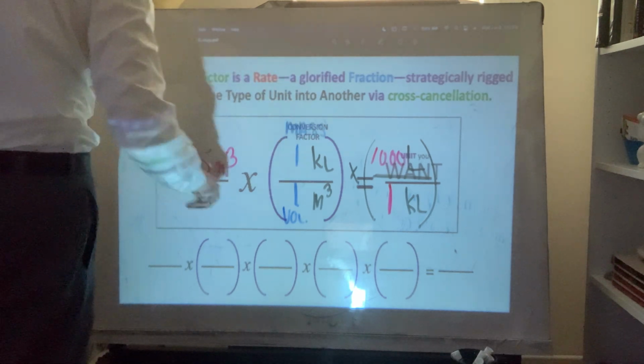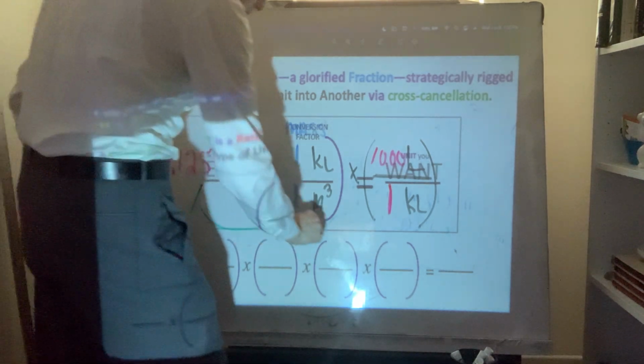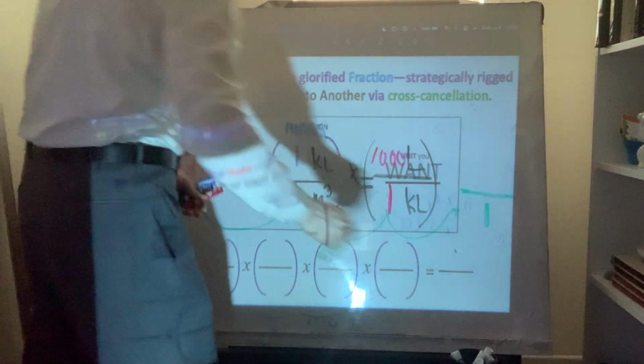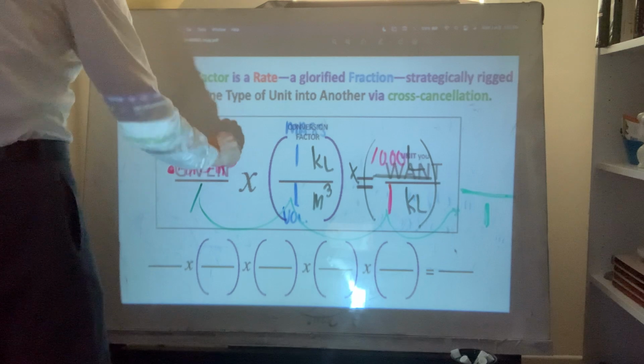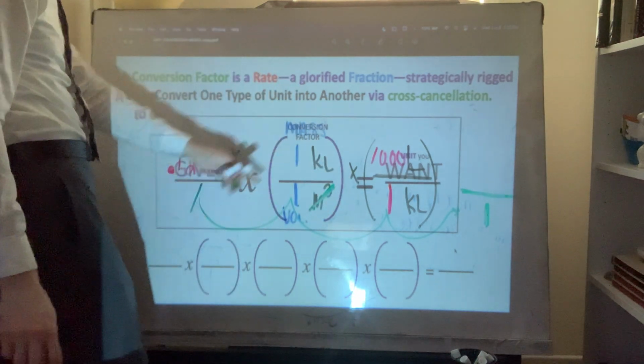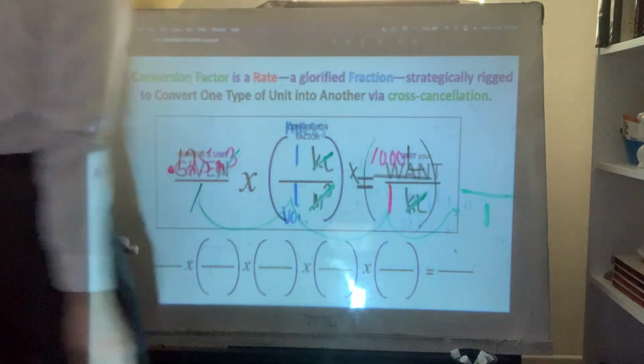Anyhow, here we have the machine good to go. Again, the bottom is 1 times 1 times 1, which is unnecessary really to have as a 1, but if you're treating it like ratios, then that would be appropriate. All right. The units, meters cubed, are rigged to cancel here and here. And the units kiloliter and kiloliter are rigged here and here.